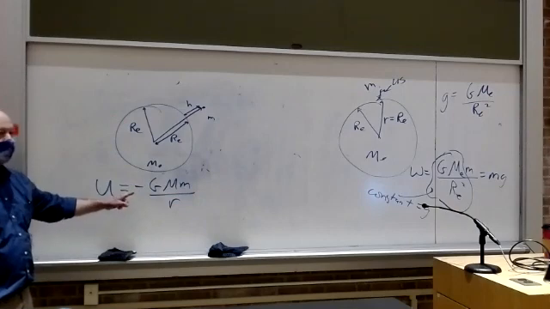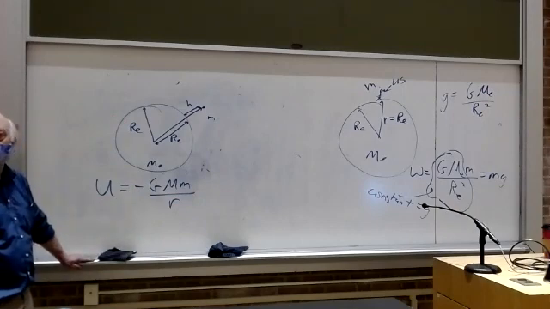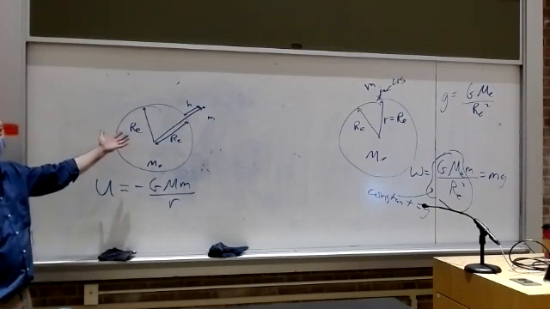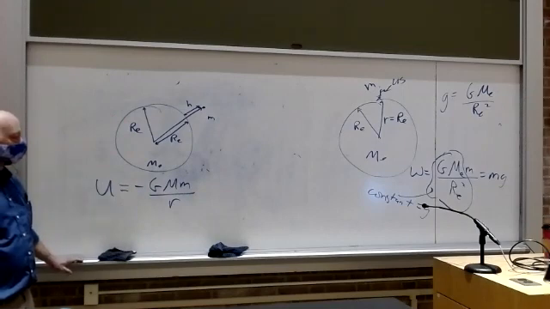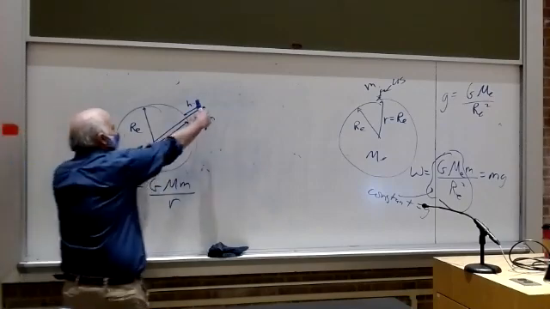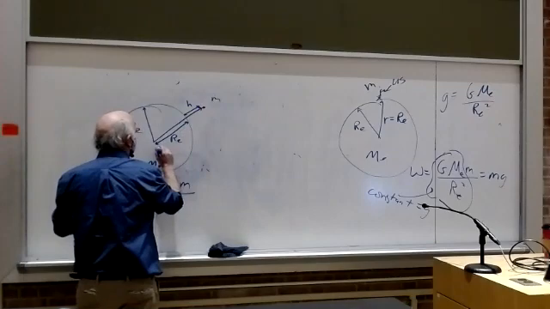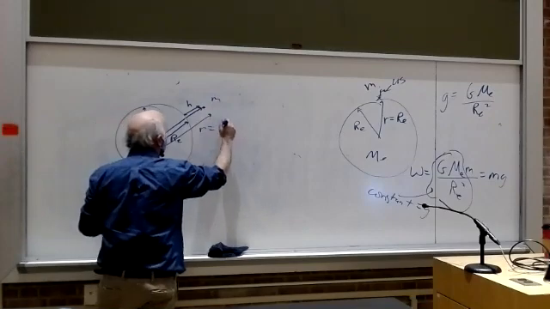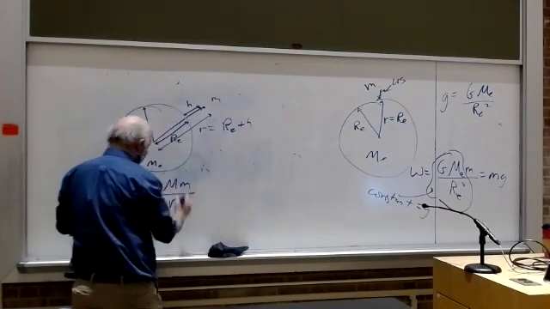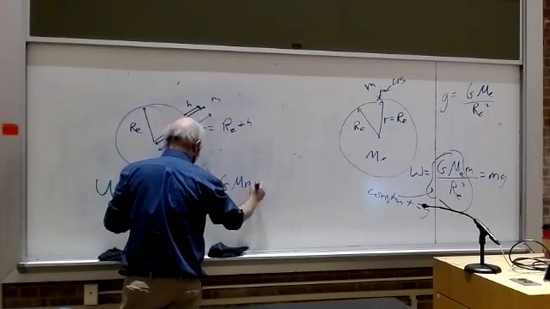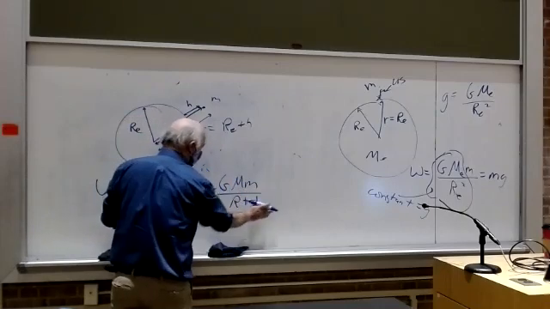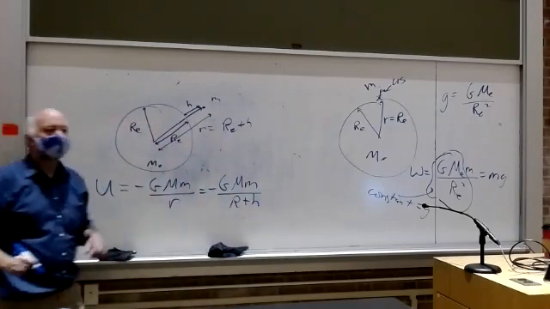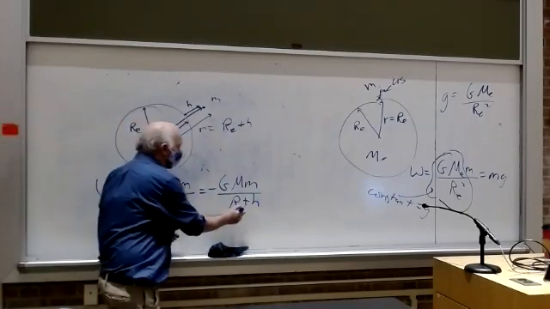What is r in this case? Where's little r in this picture? Yes, from here to there, this is r. So this r is the radius of the Earth plus h. Let's put this in here. I'm going to factor out the radius of the Earth.